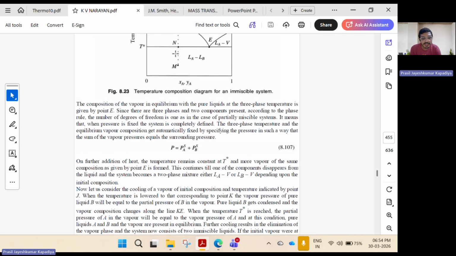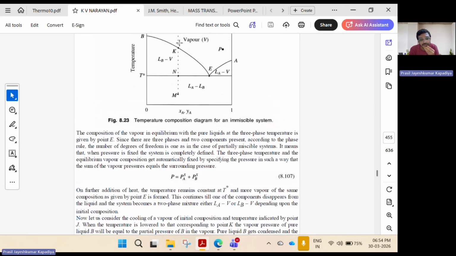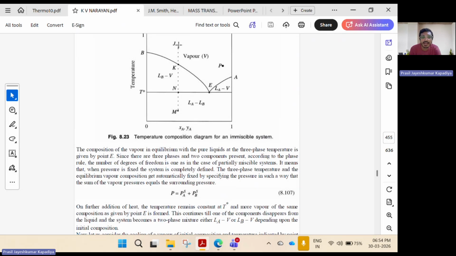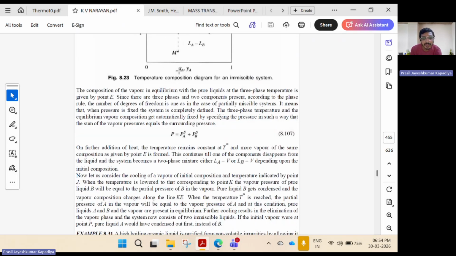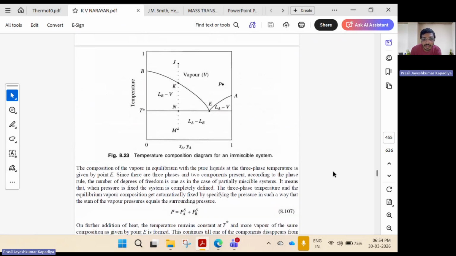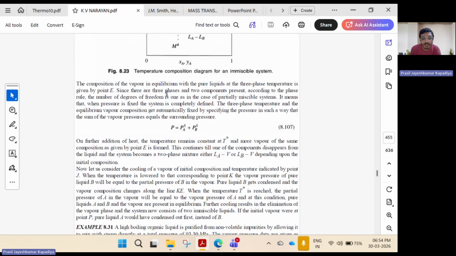Now let us consider the cooling. Let's say I'm starting from point J and I'm going to reach point K. Now let us consider the cooling of the vapor of initial composition and temperature indicated by point J. When the temperature is lowered to point K, the vapor pressure of pure liquid B will be equal to its partial pressure.